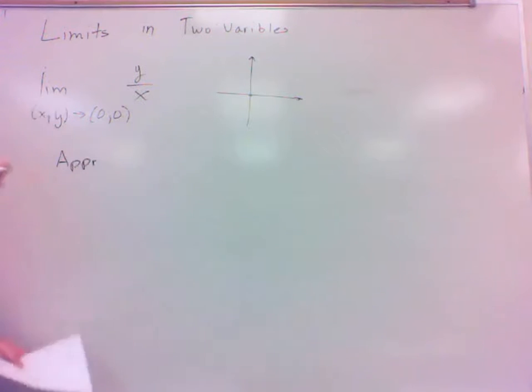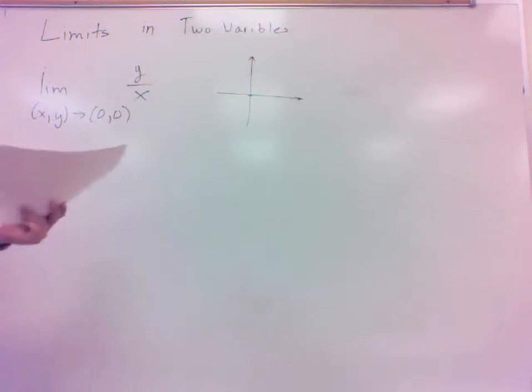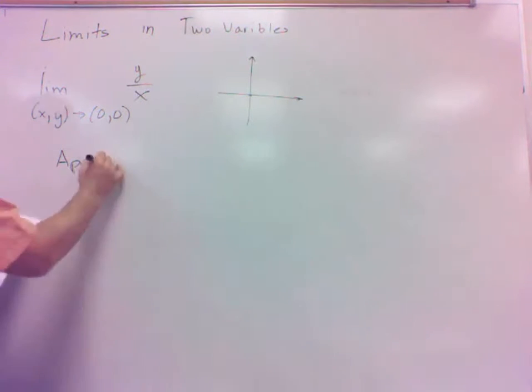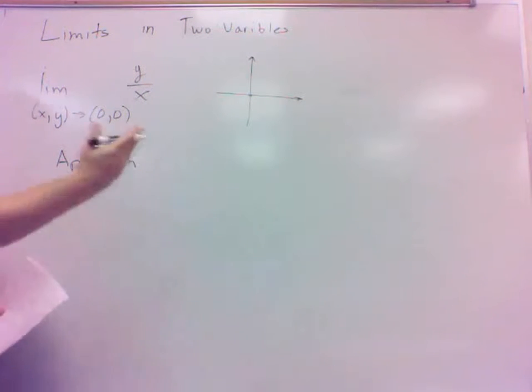Remember your limit from your right has to match your limit from your left. Well, now the limit from all directions has to be the same. It's not a right or left thing, but let's approach this on two different lines here.